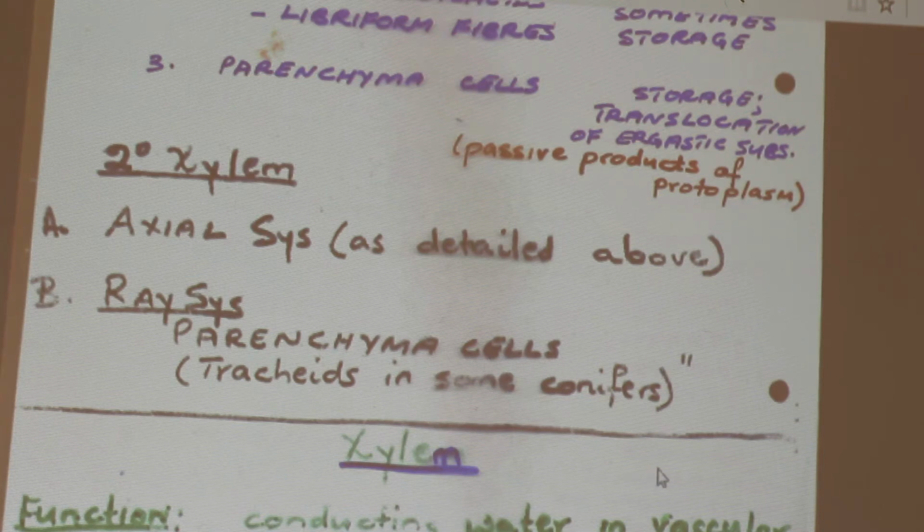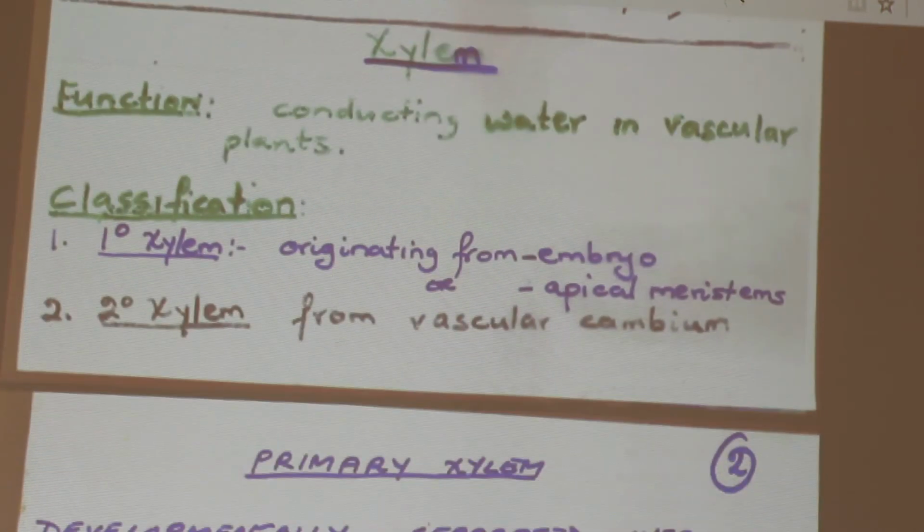Okay, let's look at xylem. We know its function. It is to conduct water. We have already classified it as the primary xylem that comes from the embryo and from the apical meristems, the shoot and root apical meristems growing vertically, and secondary xylem that comes from the vascular cambium.